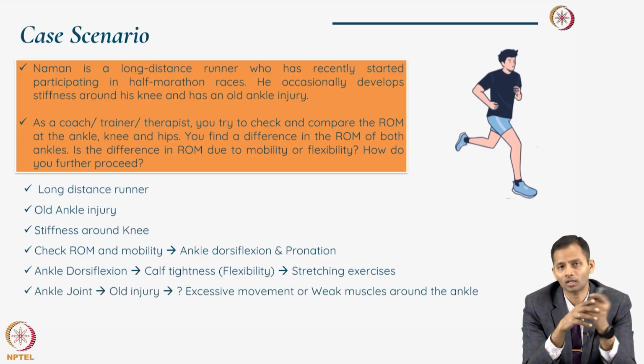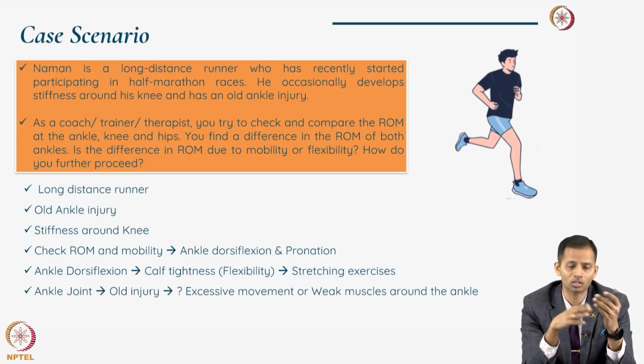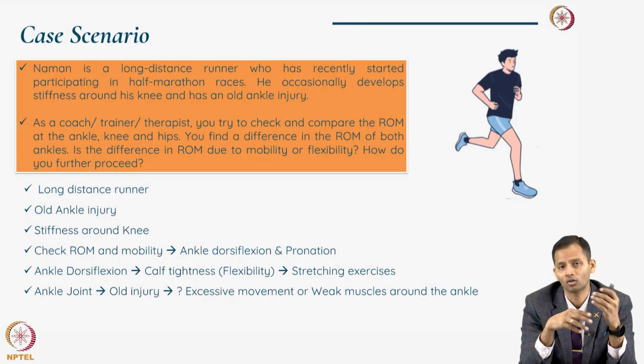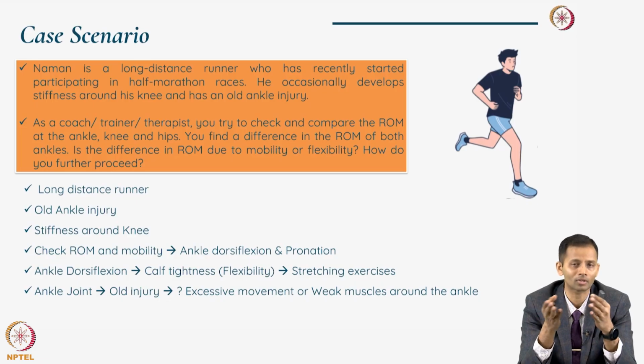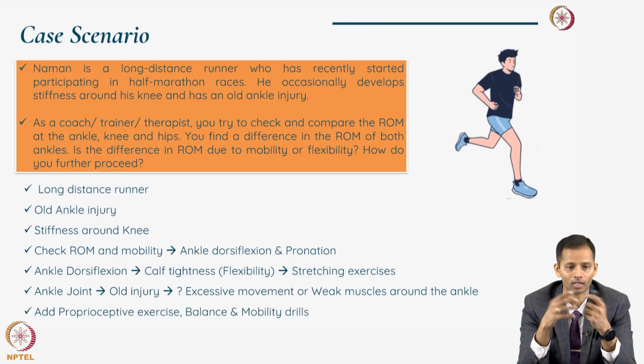Say if the ankle joint, since it's an old injury, has excessive movement, it may be because if the individual had not gone for proper rehabilitation and return to play protocol, the individual will have developed weak muscles around the ankle joint. That would have led to an excessive motion, mainly in terms of pronation at the ankle joint as well.